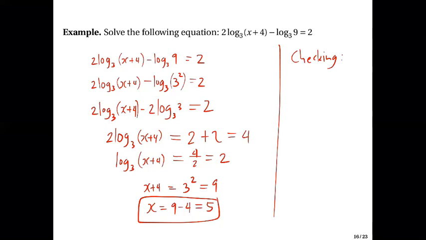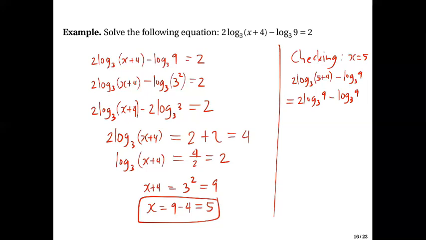Checking. So x equals 5. What you have is 2 log base 3 of 5 plus 4 minus log of 9 base 3. But this becomes 2 log of 9 base 3, then minus log of 9 base 3.